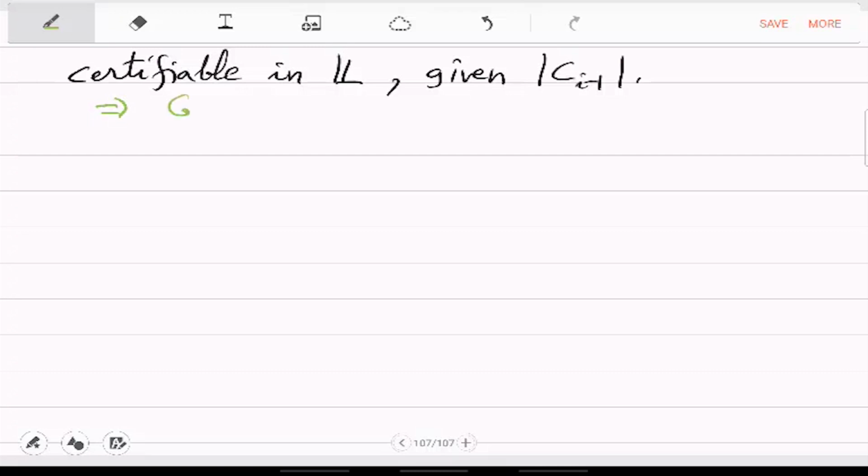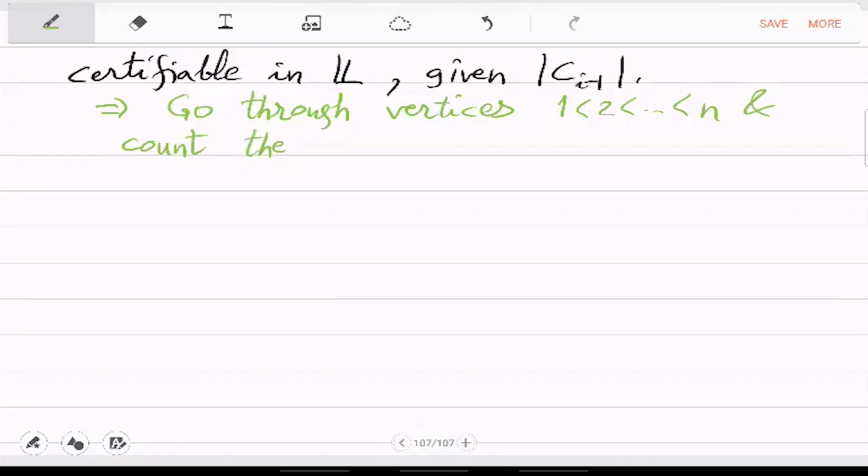So go through the vertices in that order, 1 less than 2 up to n, and count the correct size of Ci.